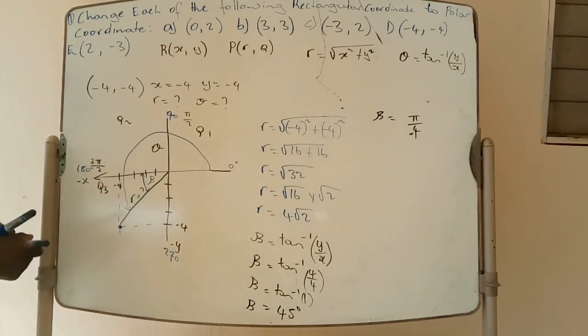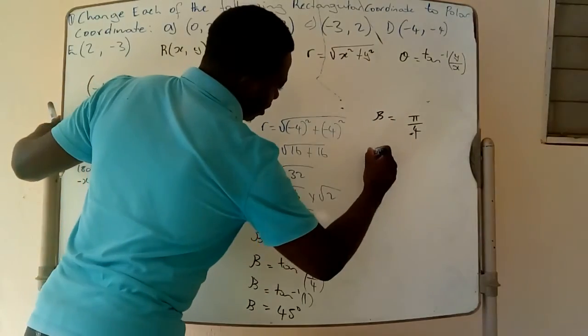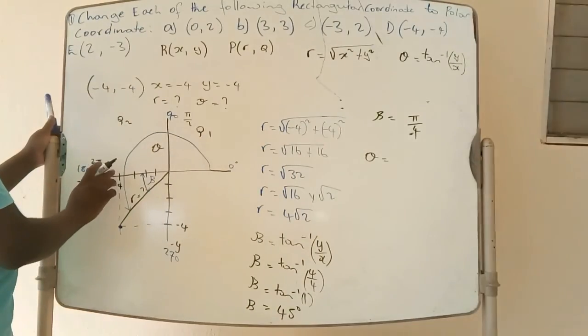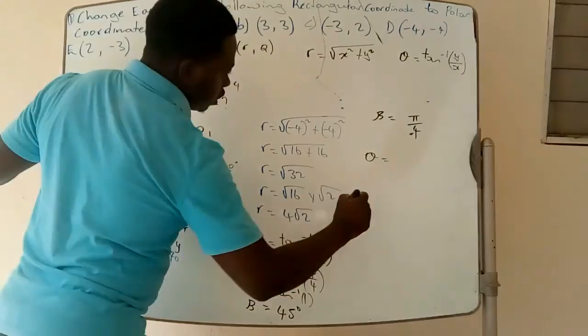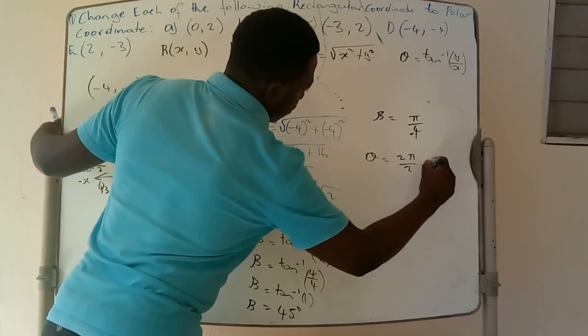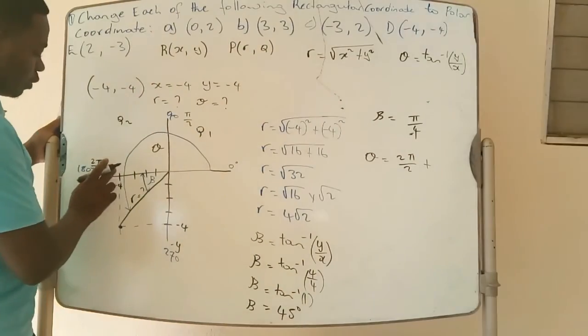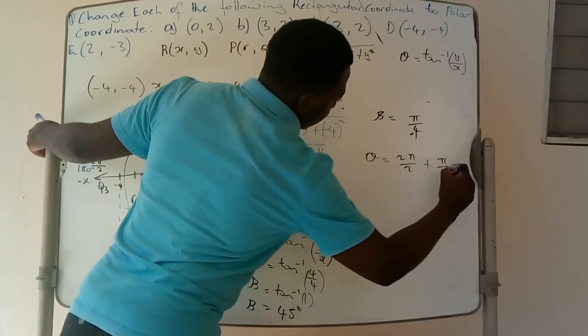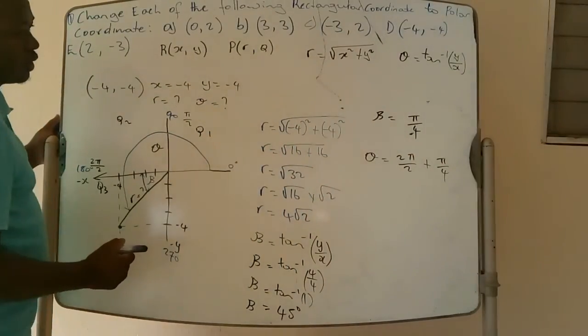So what is theta then? Theta is going to equal this angle all the way to the line, which is 2 pi over 2, plus beta. We add this piece to it, which is just pi over 4. Clear there?